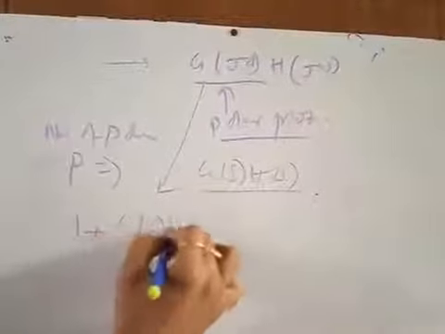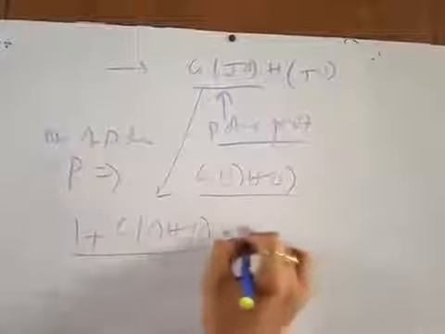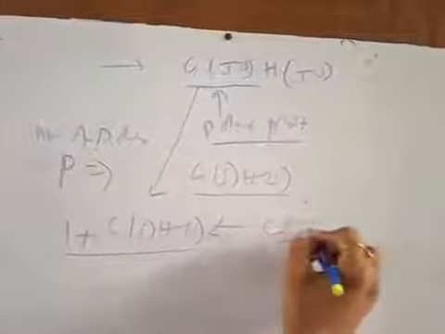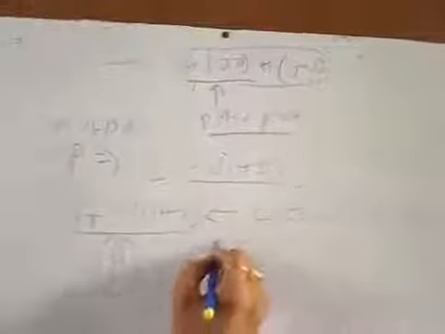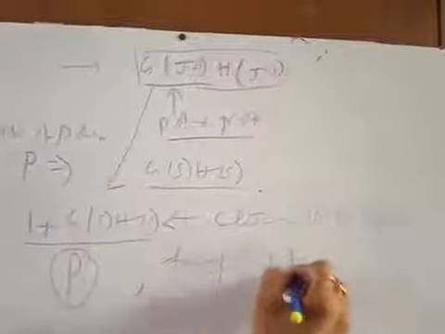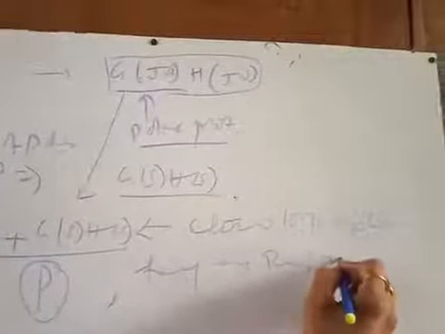So in case of 1 plus G(s)H(s), that is, for the closed loop system, we can get P from the open loop transfer function and frequency response analysis. So what is unknown to us?